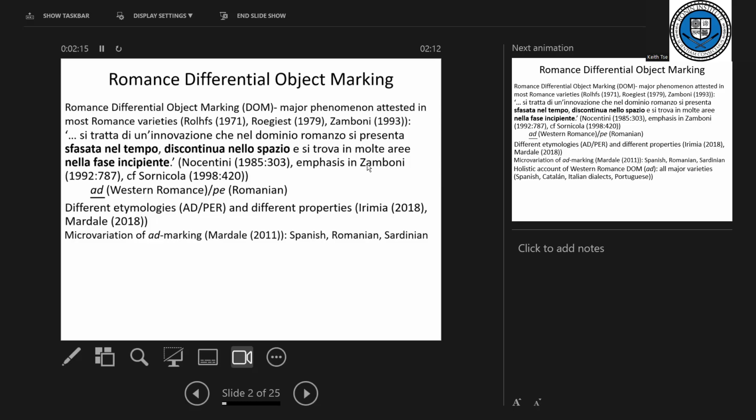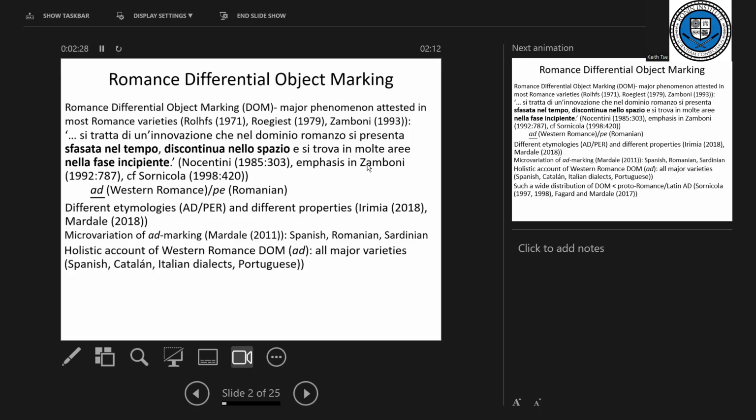Now, Alexandru Mardale has done some comparisons between the use of a in different Romance varieties: Spanish, Romanian, and Sardinian. However, a holistic account of Western Romance DOM, looking at all the major varieties, is still missing.